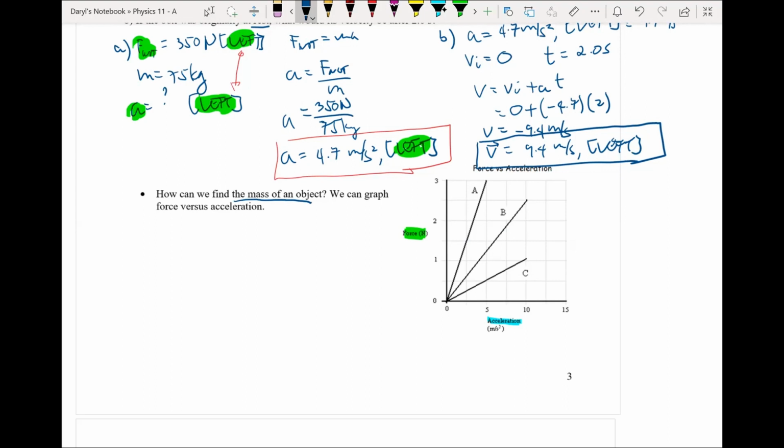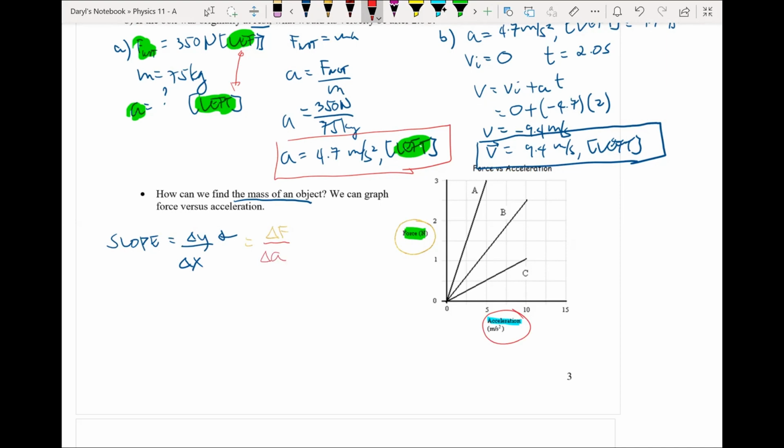Well, if we examine that, it is just a straight line, and the slope of a straight line is delta y over delta x. In this case, y is force, so that is the delta of F, and the acceleration is your delta x. So this is delta A.